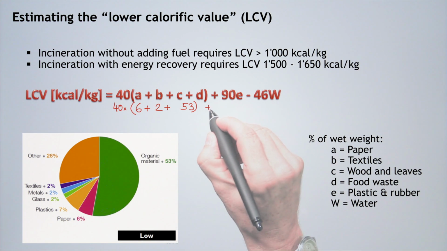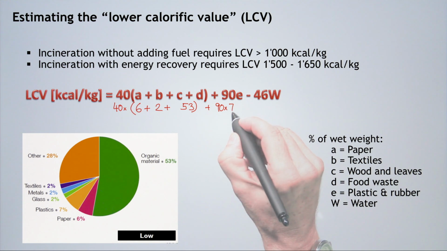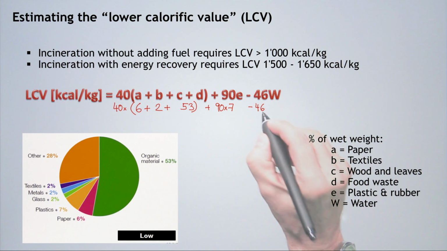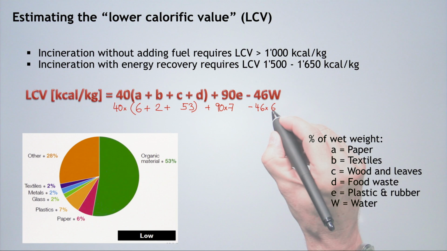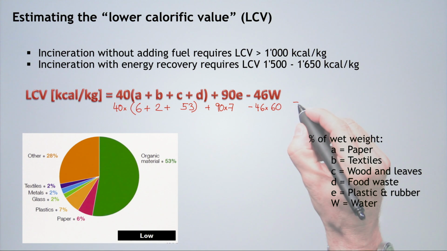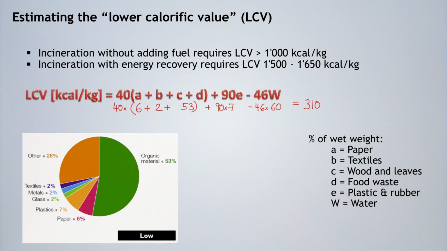Then we compute 90 times the 7% of plastic minus the 46 times 60% moisture, which is a typical moisture content of such waste. If you calculate this, the result is 310 kilocalories per kilogram.